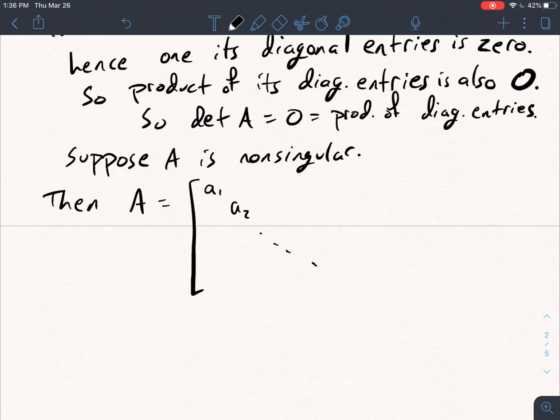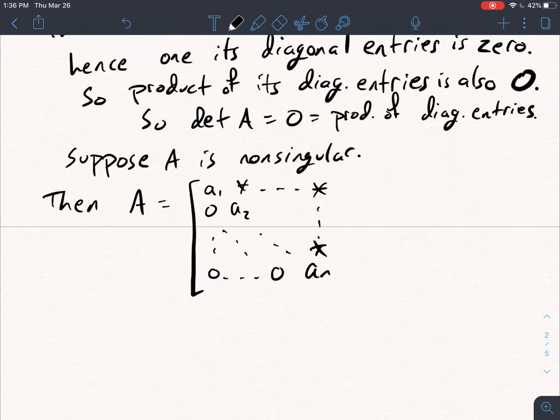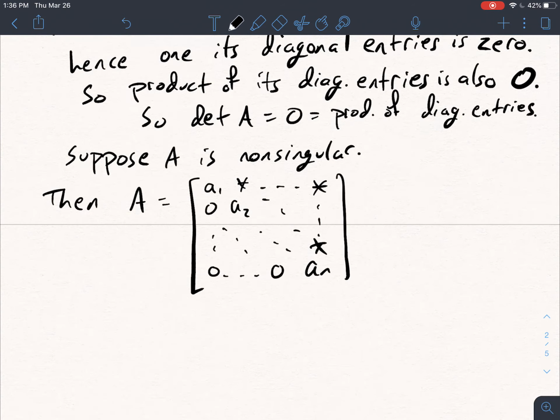I'll do a1, a2, up through an for my diagonal entries. Everything below the diagonal is going to be 0, and everything above the diagonal will be some random number. These, I'm just going to put stars for. The stars could be 0, they could be non-zero, they could all be different, they could all be the same. The star just means that it doesn't matter what number is up there. The argument that follows is going to be the same.